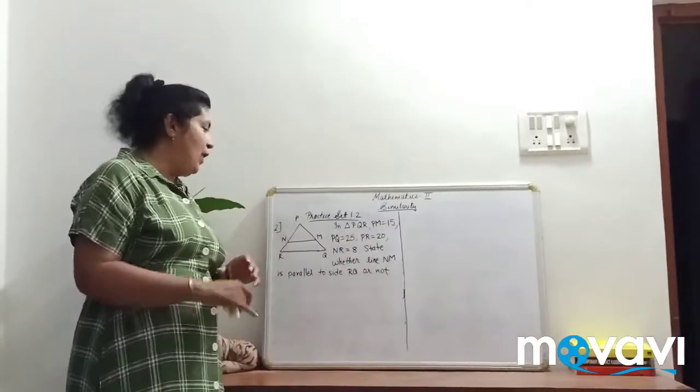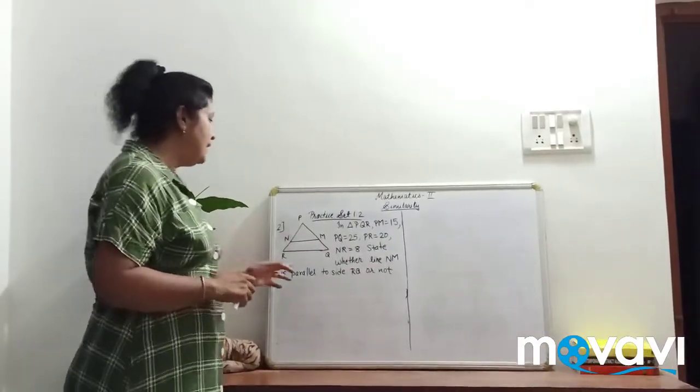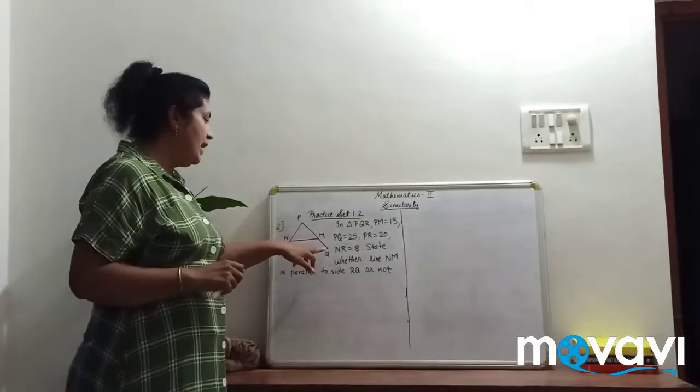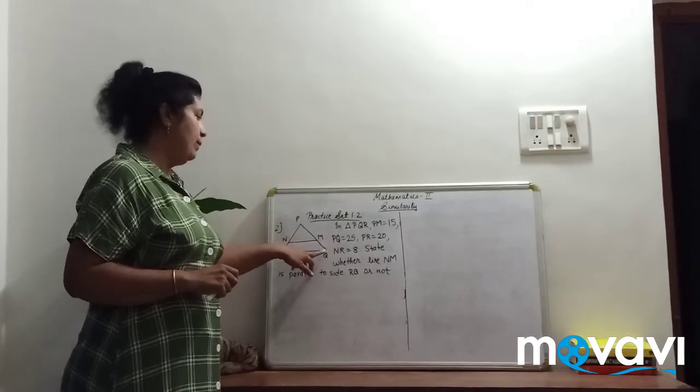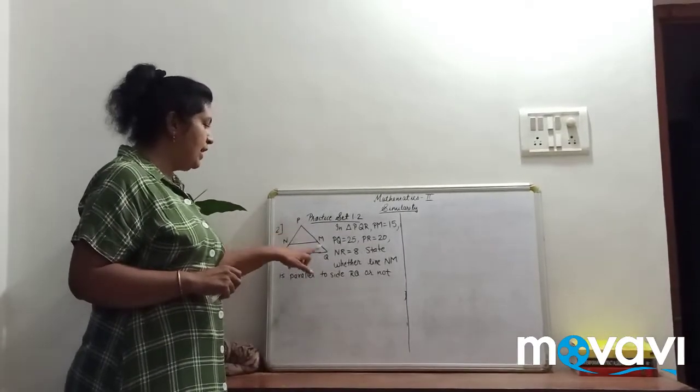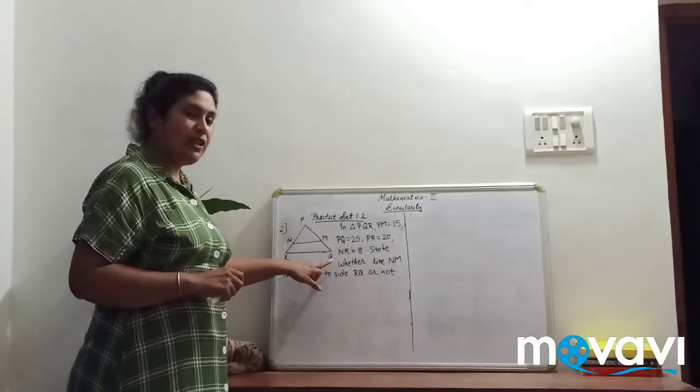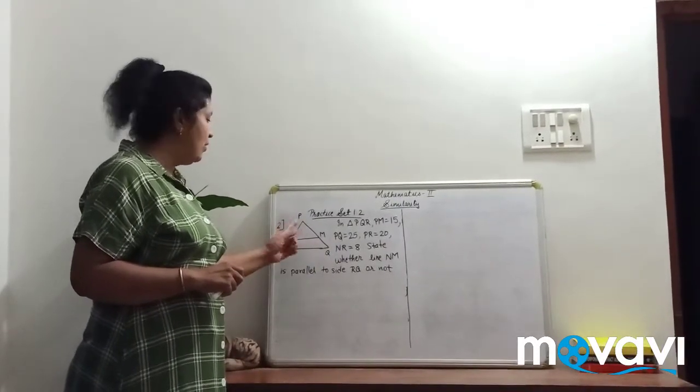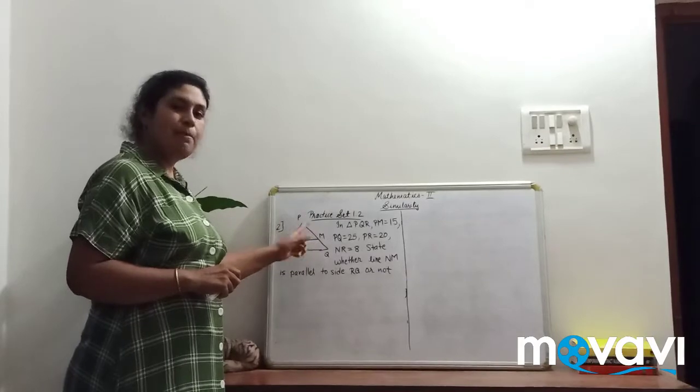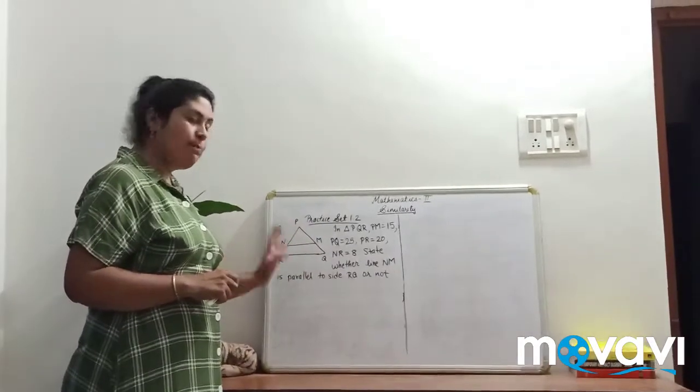Okay. So for this, what we need is MQ, because PM is given and PQ is there. MQ is not given. So what will be MQ? MQ will naturally be PQ minus PM, because these two values are given.